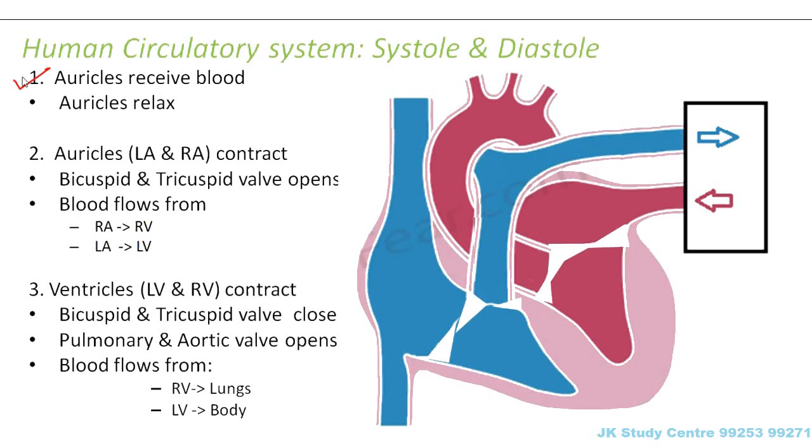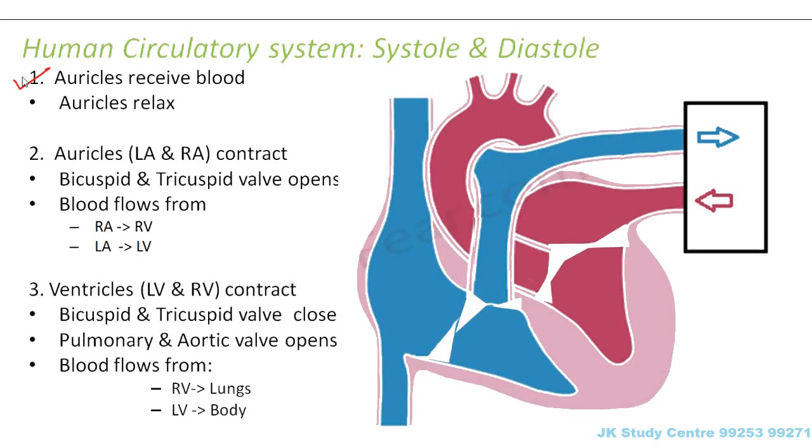While receiving blood, the auricles will remain in a relaxed state, because whenever any object receives something, it doesn't contract. For example, in the case of lungs also we saw that when we breathe in, the lungs expand, they do not contract. Similarly, when the auricles receive blood, they will be in a relaxed state, because more space is needed by the incoming blood.